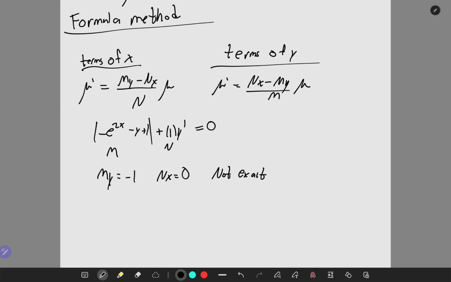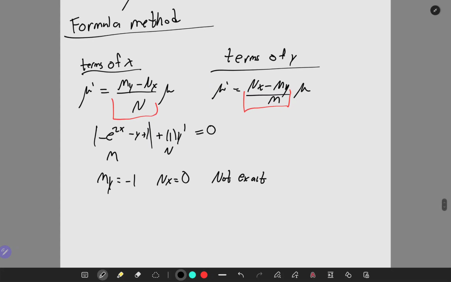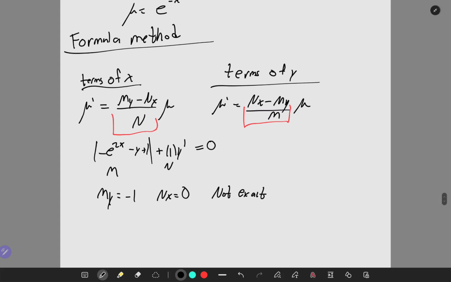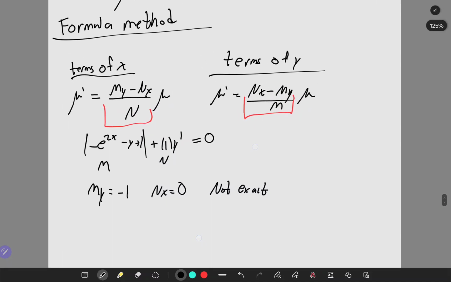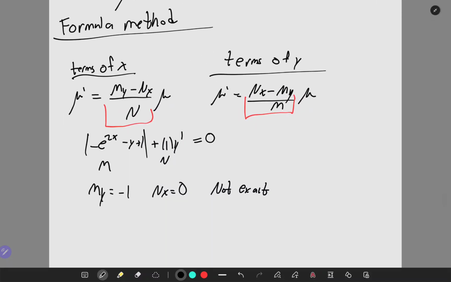We have to eliminate one or the other. Just focusing on this section right here, which one would cancel out x? Which one would cancel out y? So we have our my and our nx. Looking at these, it doesn't matter which formula we use, does it?